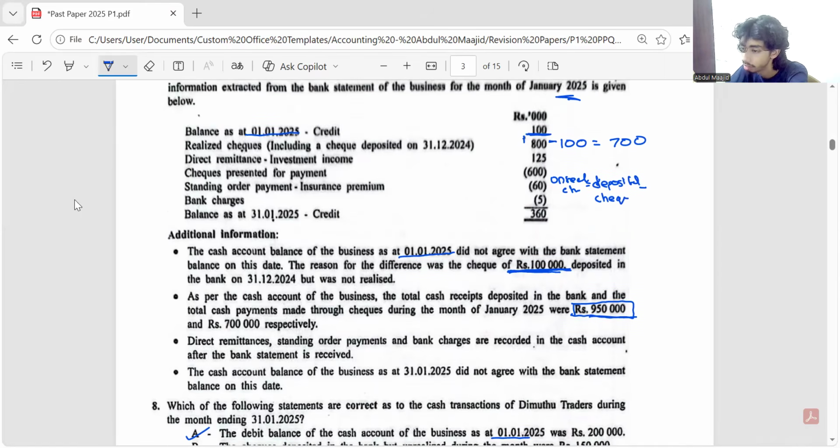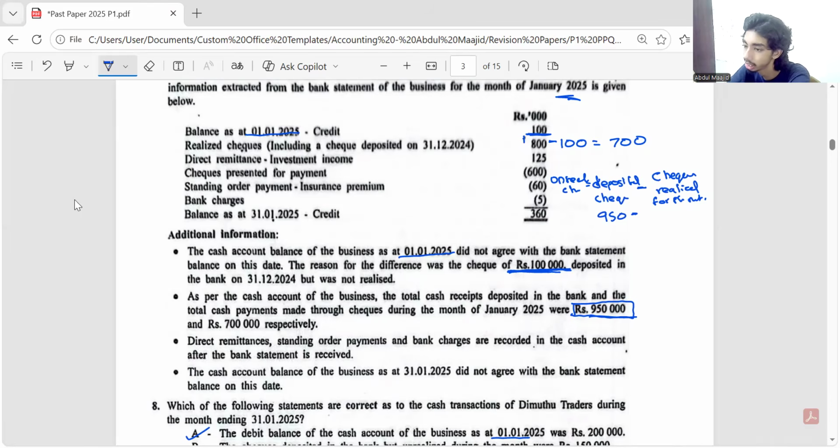So we have deposited checks worth 950,000, and from that you have to deduct the checks realized out of the checks we deposited during the month.